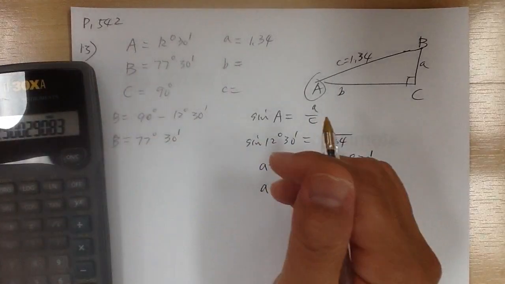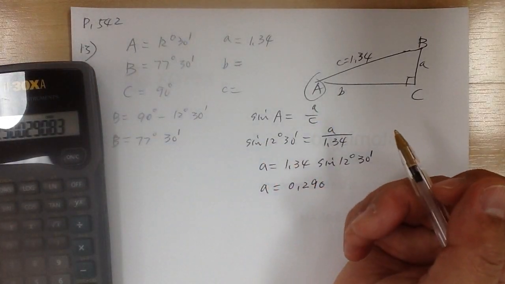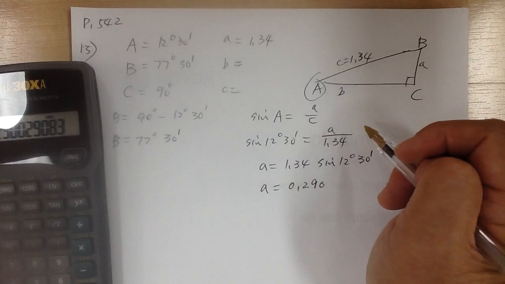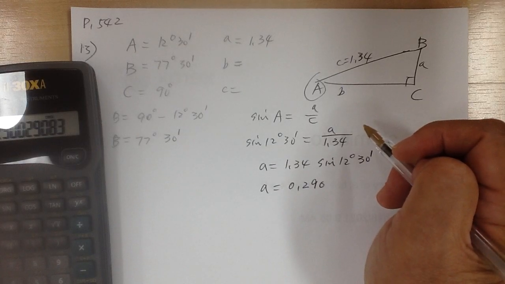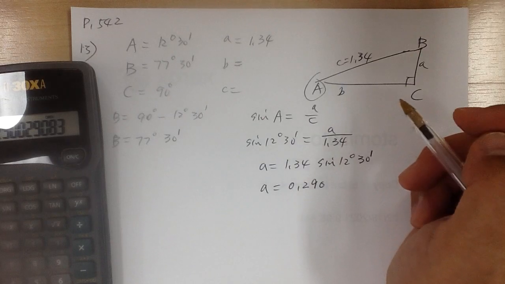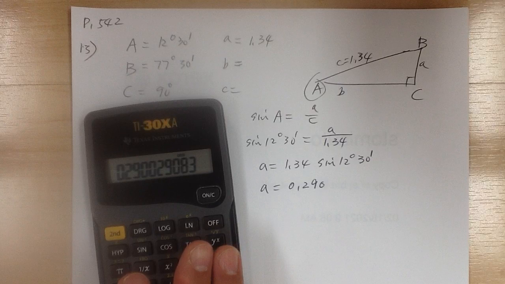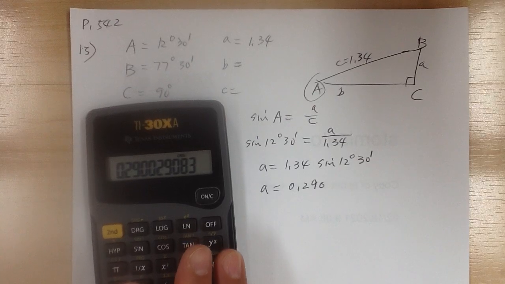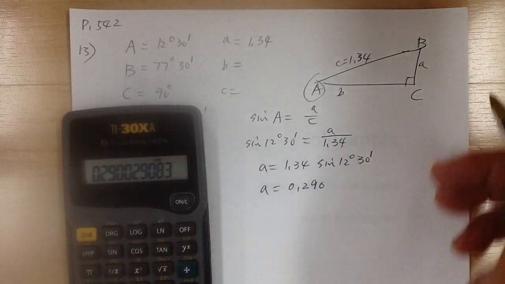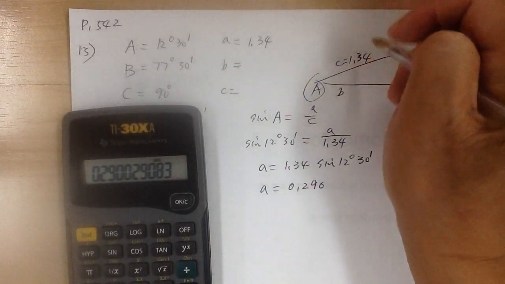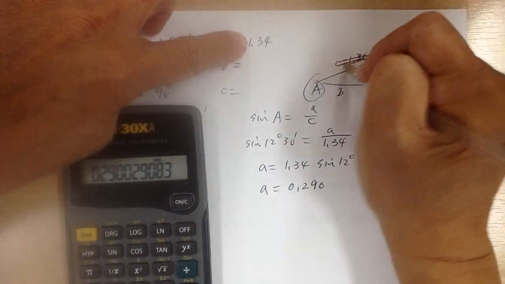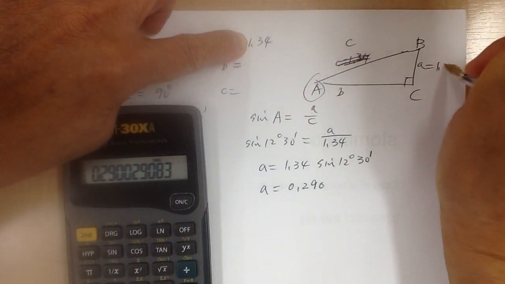Okay, double check. Okay, back. A is 1.34. Sorry about that. A equal to 1.34.